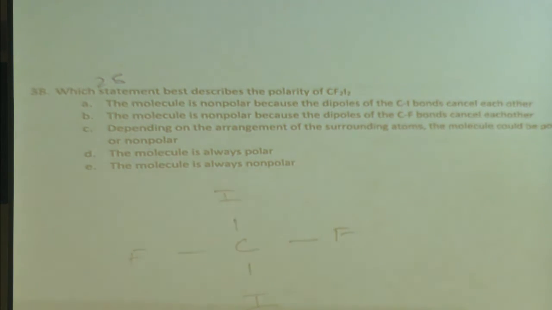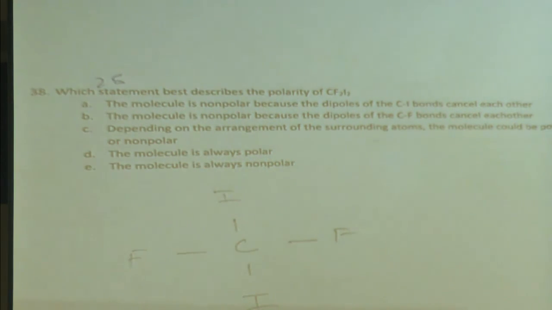So remember, and this will become clear if you check out that table 10.2, tetrahedrals are nonpolar only if everything has equal magnitude. So when you look at this, do these bonds have equal magnitude of polarity? No. And I know the way I drew it, it looks like the top one's going to cancel out with the bottom one, and the left one's going to cancel out with the right one. But we know that these tetrahedral structures are in 3D. They're not just lying on the ground, separated by 90 degrees.